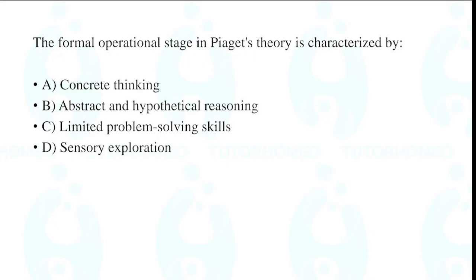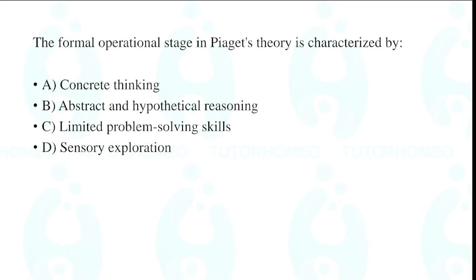During the formal operational stage, that is more than 11 years, individuals develop the ability to think abstractly and reason about hypothetical situations. So abstract and hypothetical reasoning is the correct answer. Here we have already learned two important things: the pre-operational stage, that is 2 to 7, and the formal operational stage, which is about abstract and hypothetical reasoning.